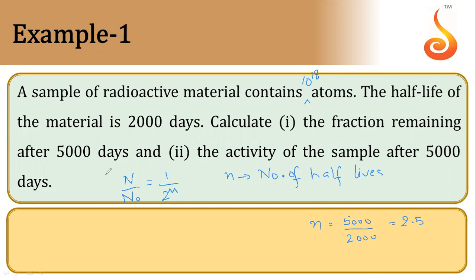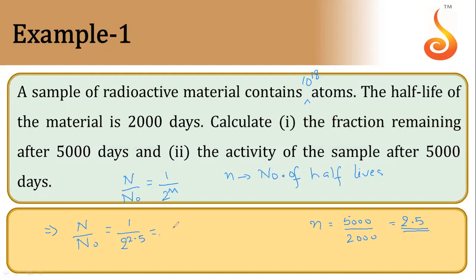Now in this formula, N by N naught is equal to 1 by 2 raised to power n. Here you have to put n as an integer like 1, 2, 3 and so on, then you will get the exact answer. But here it is 2.5. Still, if we put it here, we'll get an approximate value. Not the exact answer, but an approximate value will do. So N by N naught will be 1 by 2 raised to power 2.5.